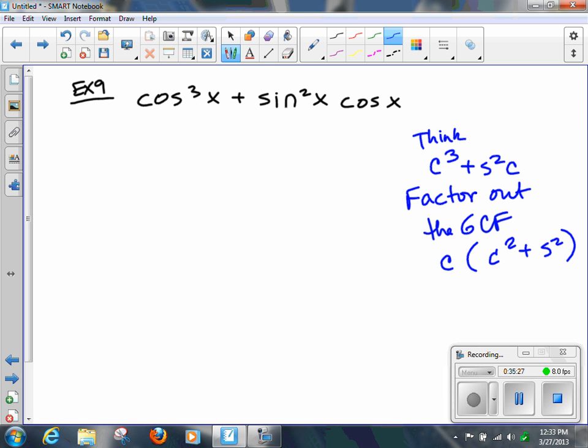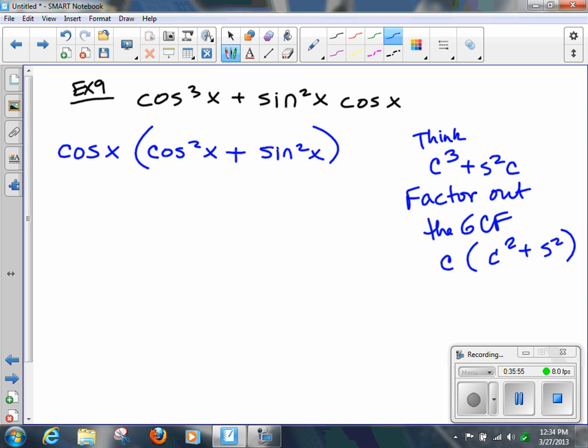All right, so let's apply that. All that is algebra, folks. Let's apply that algebra skill to this problem. What is my GCF? Cosine x. All right, watch. Cosine x times what gives you cosine cubed x? Cosine squared x plus what? Sine squared x, right?